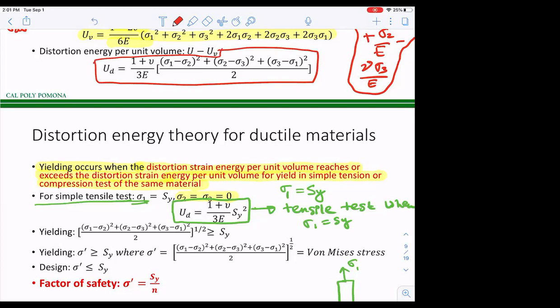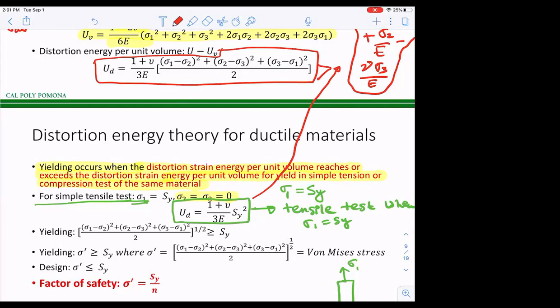And yielding happens if that distortion energy becomes greater than your distortion energy in the tensile test. So when this red boxed equation becomes greater than this green boxed equation, then we say that your structure is going to fail.